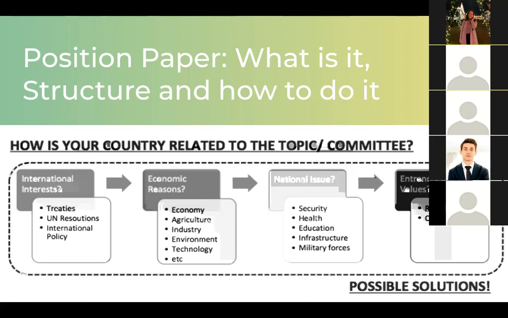Focus on why you are important to the topic from an economic perspective. Try to focus on the GDP, especially in UNICEF. If your country has child labor, what is the aspect that it brings to the economy? In WHO, why is a vaccine important for economic growth, etc.